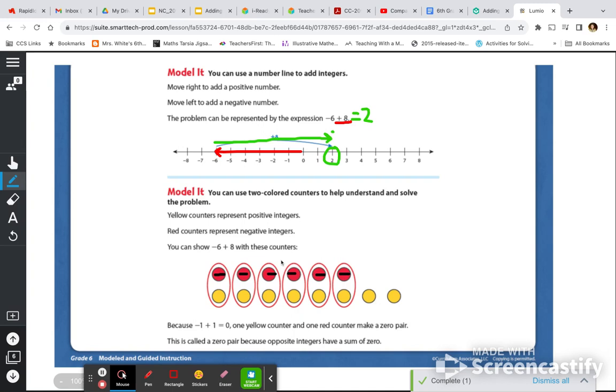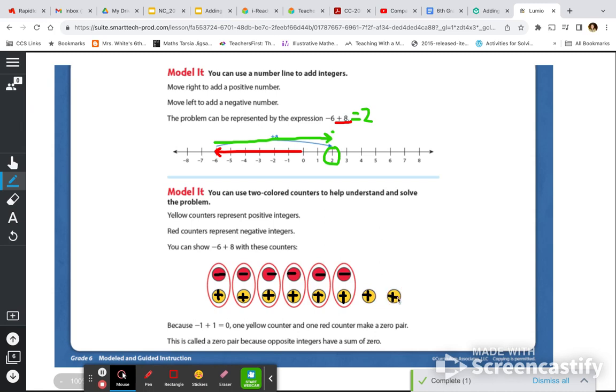Now, again, if you don't have counters, you can always draw circles. I want to add 8 to that. So +8. So adding 8. So +1, +2, +3, +4, +5, +6, +7, and then +8.